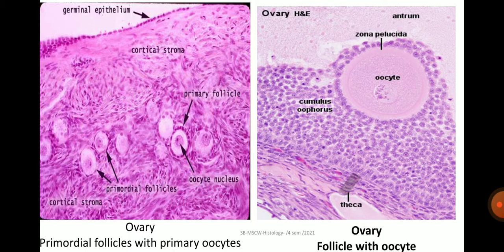Fine. This second diagram is just a part of the enlarged diagram of, I feel, a tertiary follicle, and there is the next stage which is called the mature follicle, the Graafian follicle, which is going to be produced little later. And this is the section which is stained under hematoxylin and eosin differential staining.